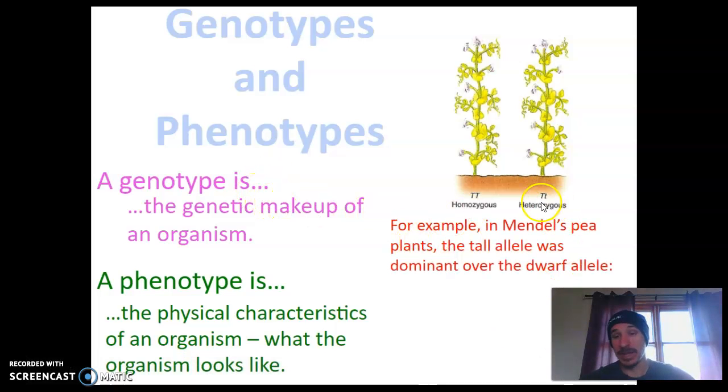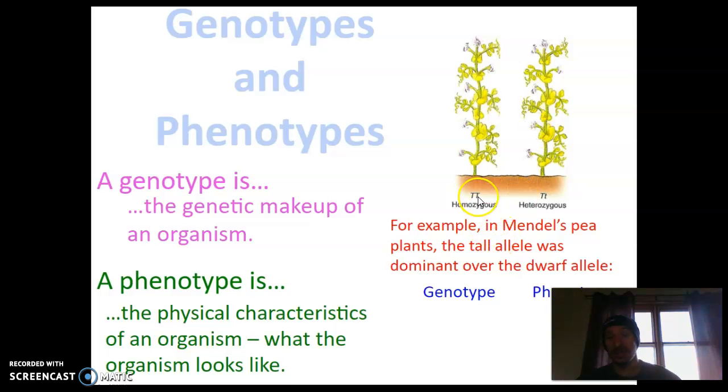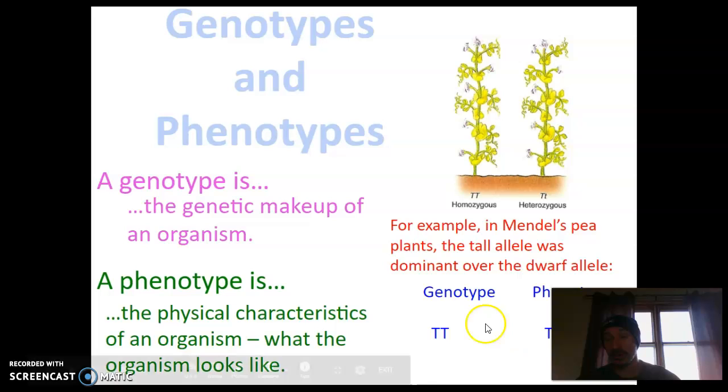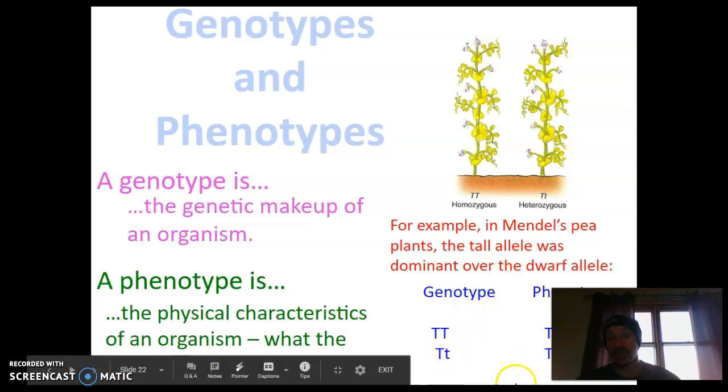In my example here, we take it back to Mendel's pea plants. Both of these pea plants have the allele for being tall, and because the tall allele is dominant, they are both tall, despite one being homozygous and the other being heterozygous. So if we look, we have the genotype capital T equivalent to the phenotype tall, and capital T, lowercase t, is also equivalent to the phenotype tall.